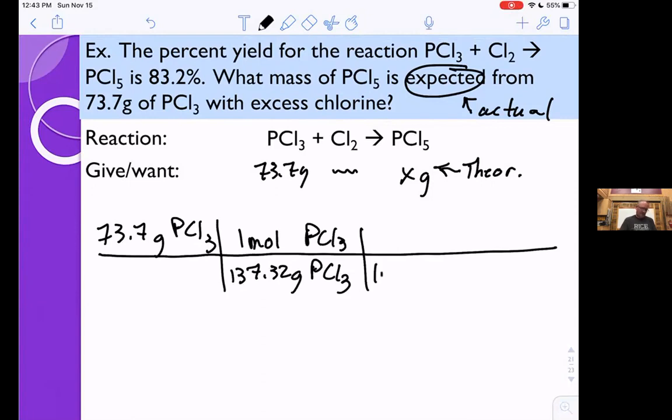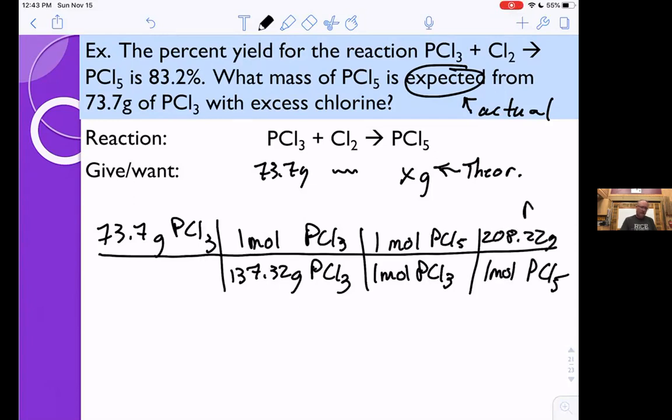Yeah, it's balanced. 1 mole of PCl3 is 1 mole of my product, which is PCl5. And 1 mole of phosphorus pentachloride is a whopping 208.22 grams. And so my theoretical yield here, how much I should have gotten, is 112 grams.